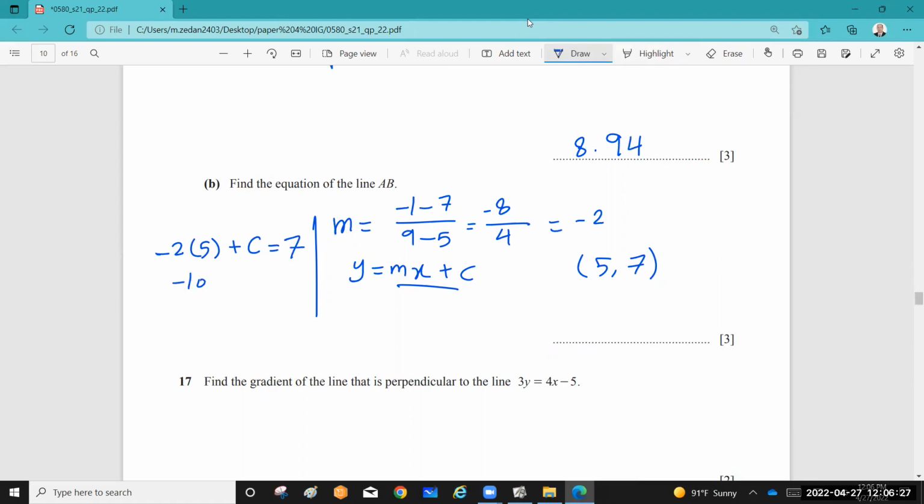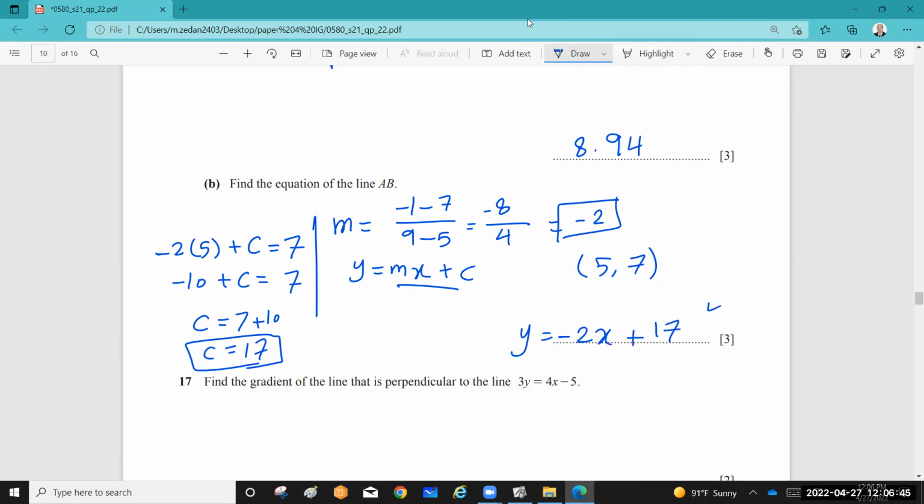So I have -10 plus c equals 7, so c is 7 plus 10, which is 17. So you know now the y-intercept and the slope. The equation is y equals -2x plus 17. This is the answer.